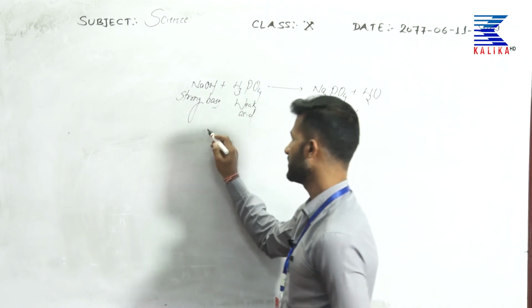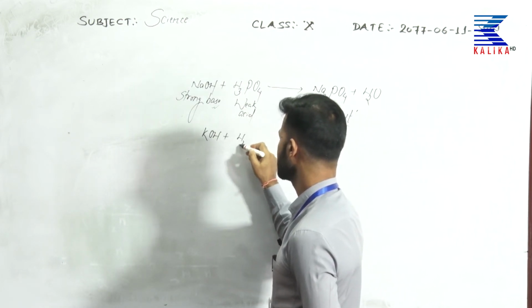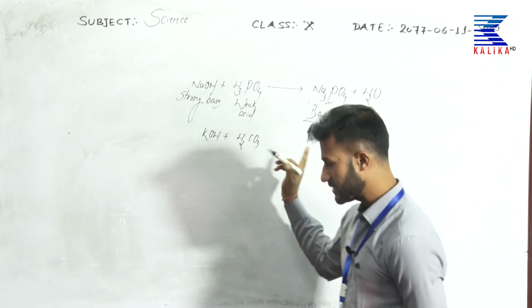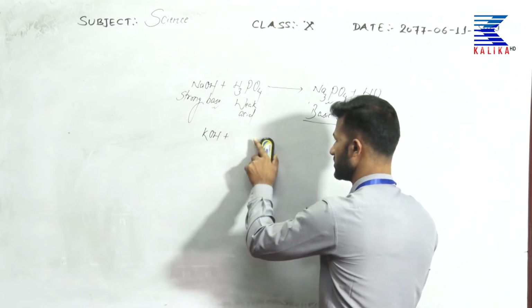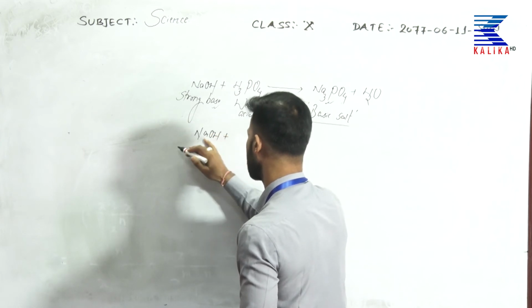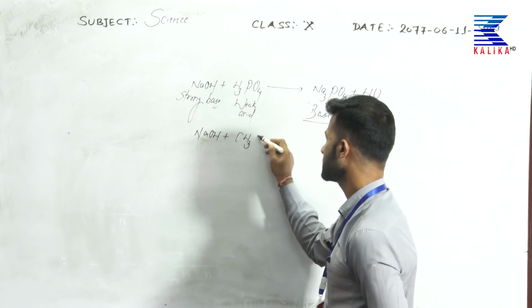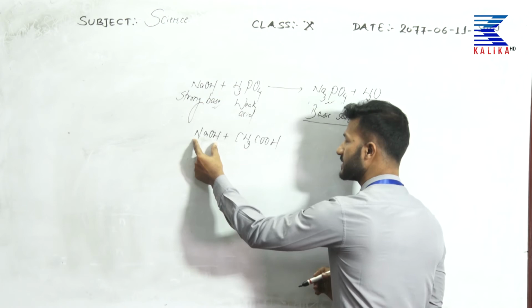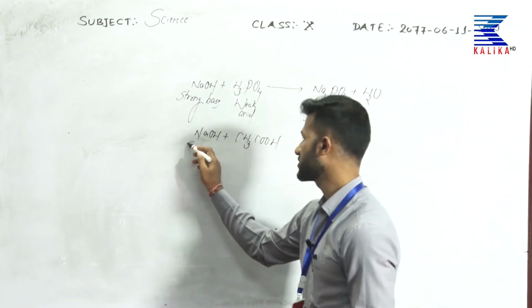Likewise, one more example, KOH plus H2CO3, or you may write CH3COOH. Let me just write CH3COOH and here NaOH. That would be easy for you to understand first. NaOH plus CH3COOH. This is strong base, this is weak acid, we call acetic acid.